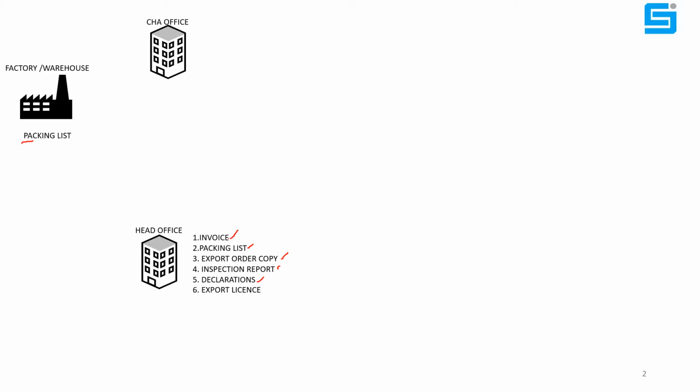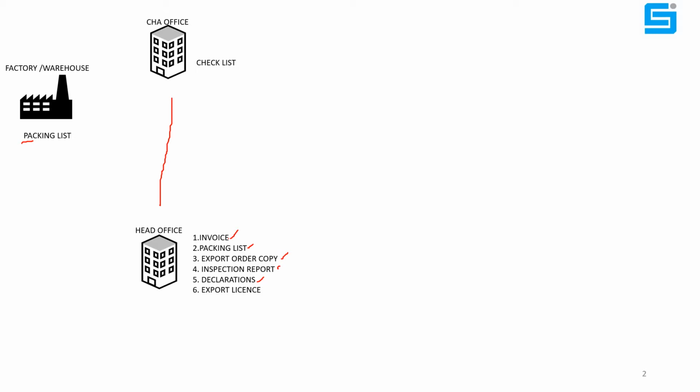Once these documents are ready, they will send them to the CHA. To whom will they send? To the CHA. The CHA is a clearing and forwarding agent who takes care of clearance of goods and shipping of cargo. He will prepare the checklist.